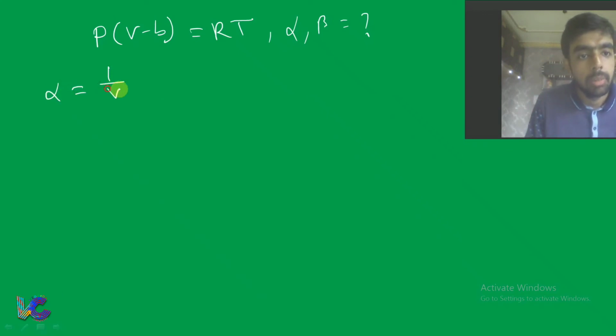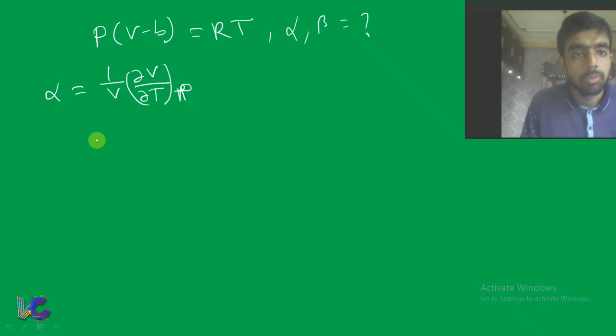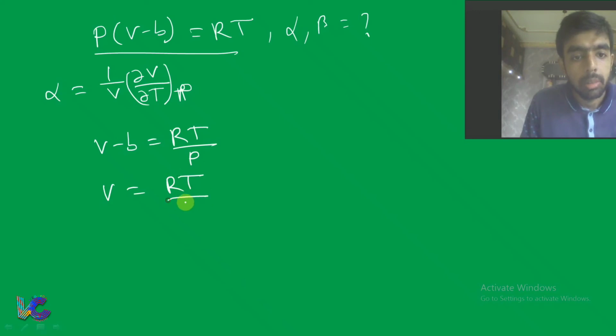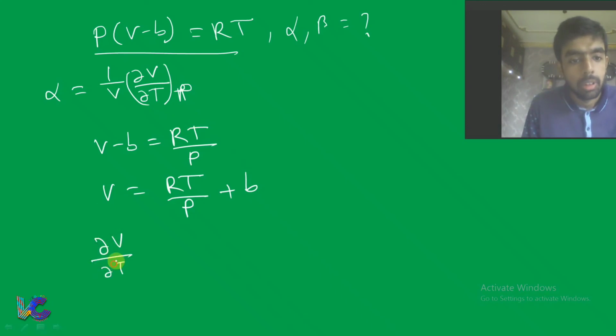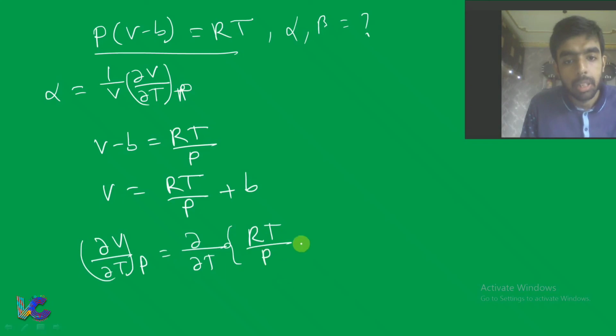Alpha is equal to 1 by V del V by del T at constant P. From this equation, V minus B equal to RT by P, that means V equal to RT by P plus B. So del V by del T at constant P is del T of RT by P plus B at constant P. P is constant and R is the universal constant, so R by P will be outside the derivative sign, and del T of T is 1, that means R by P, and B is a constant, so that will be 0. So del V by del T at constant P will be R by P.